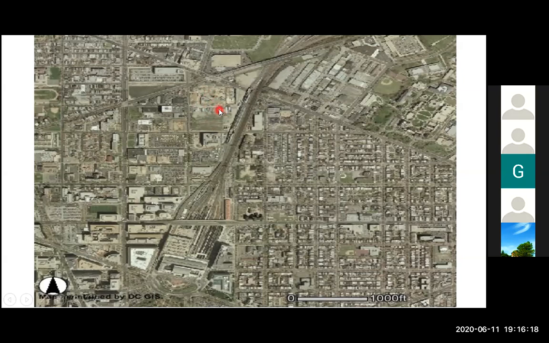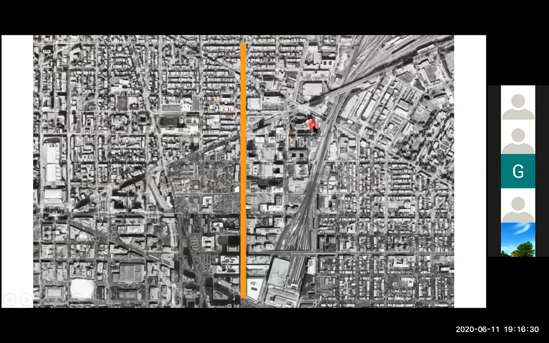Now, this is a picture during construction, where you can see the station beginning to take shape. This shows that same area a few years later. Again, this is Florida Avenue, New York Avenue, and this is M Street. So here's the station.